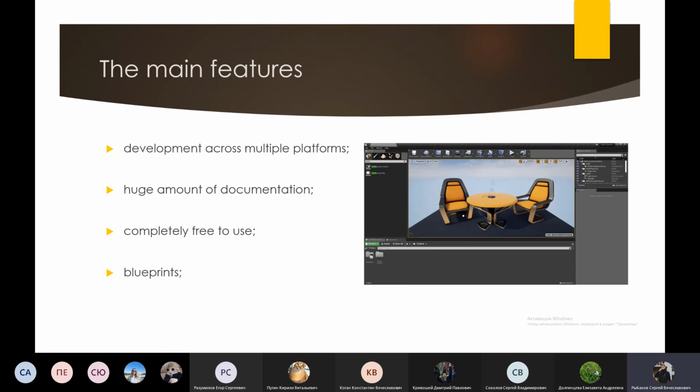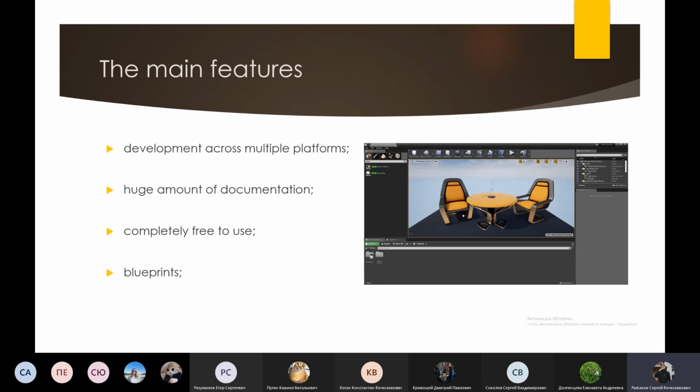So the next step is the main features of this engine. Unreal Engine features a high degree of portability, supporting a wide range of desktop, mobile, console, and virtual reality platforms. Also, there is a huge amount of documentation to help you learn the system.